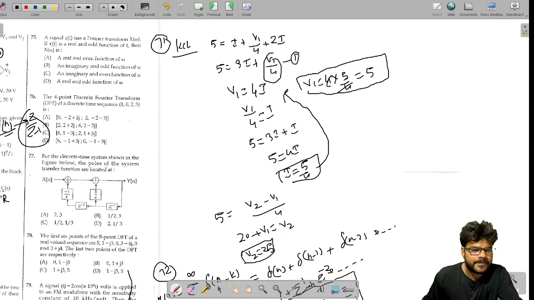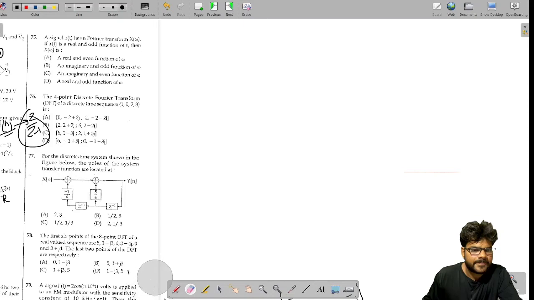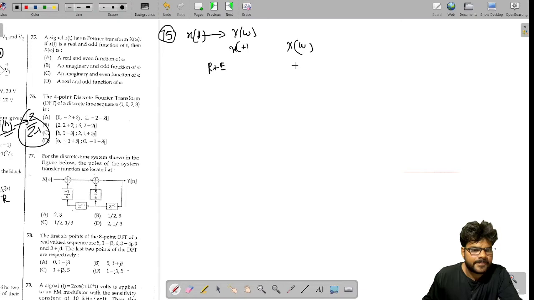Question number 75 is from signals and systems, and the question is: a signal xt has Fourier transform X of omega. We are given that xt is real and odd. We know that if xt is real and even, then X omega will be real and even, right.